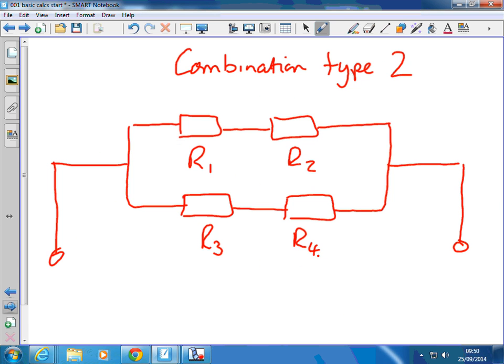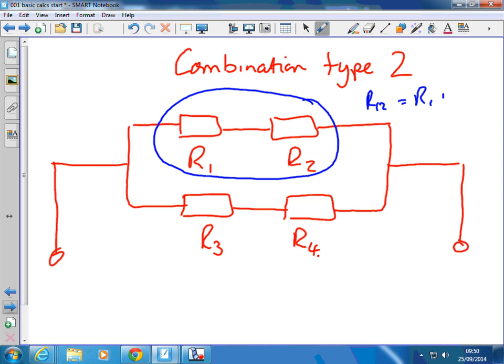The second type of combination is where we've got two series networks in parallel with each other. So the trick here is to calculate the total of those two. R12 is equal to R1 plus R2.